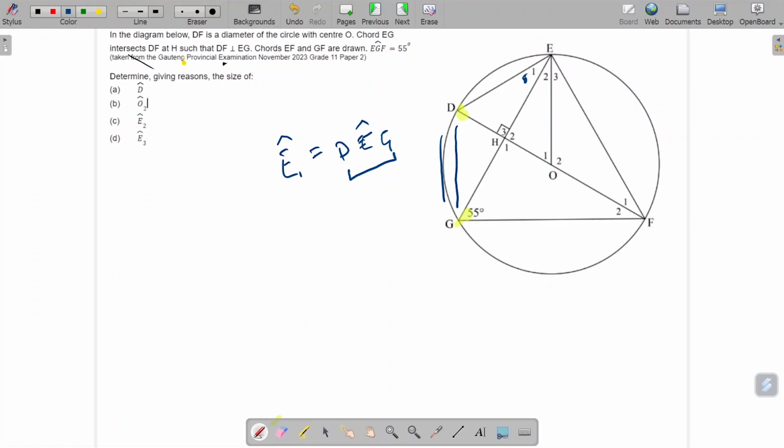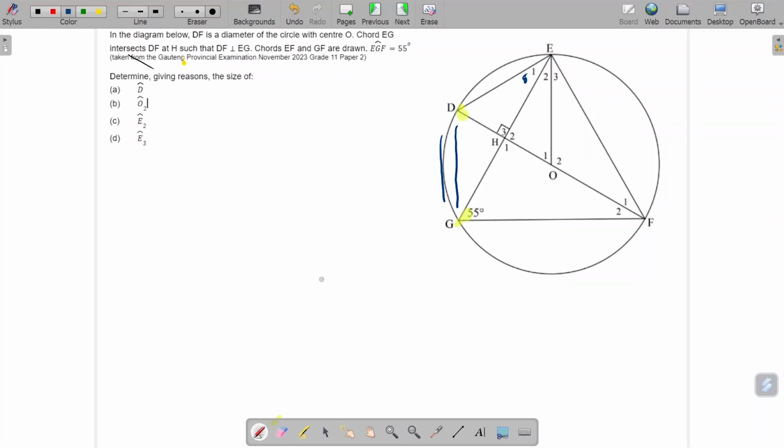So when I come back here and say, cool, when I come along and say that I want to look at the angle at G, they did specify earlier that this angle here was EGF. So what have we just discovered?